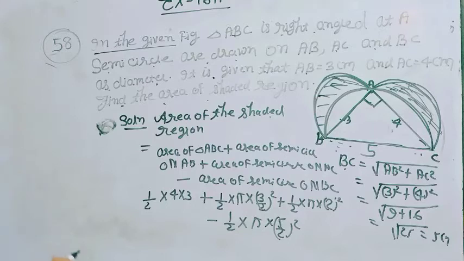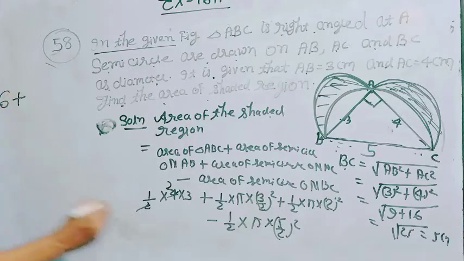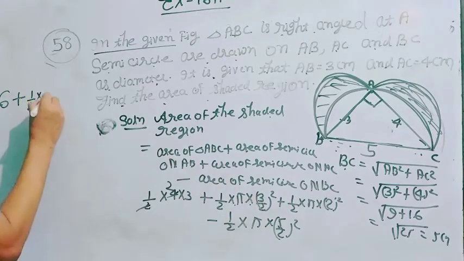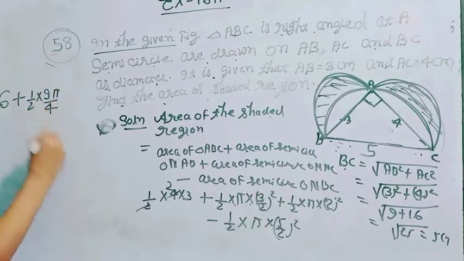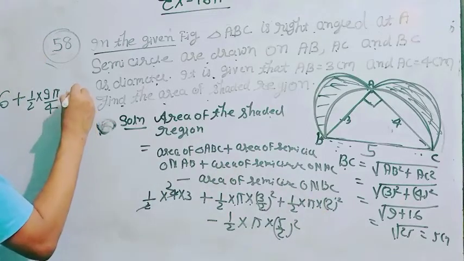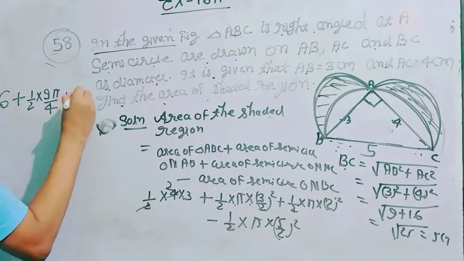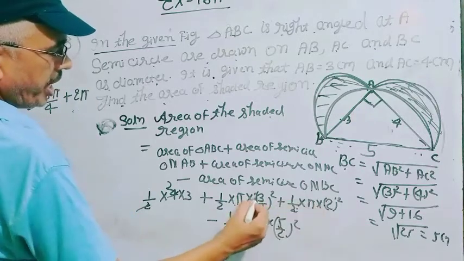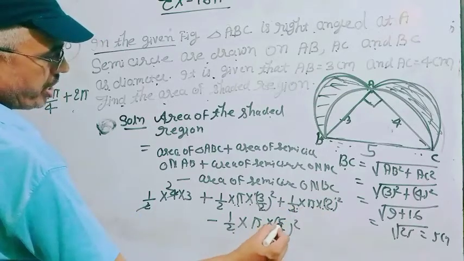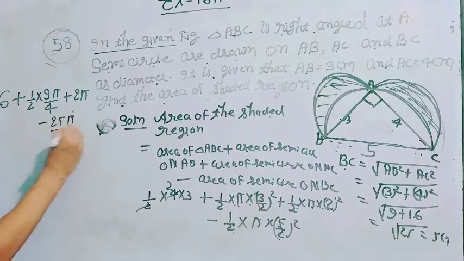It is 6 plus 1 by 2 into 9 by 4, 9 pi by 8, and plus 1 by 2 into pi into 2, that is 2 pi, and minus 25 pi by 8.